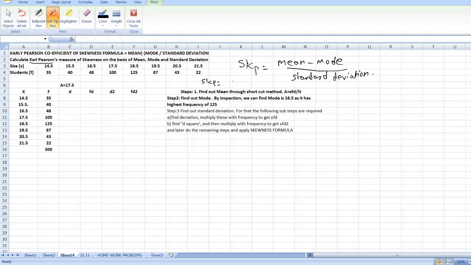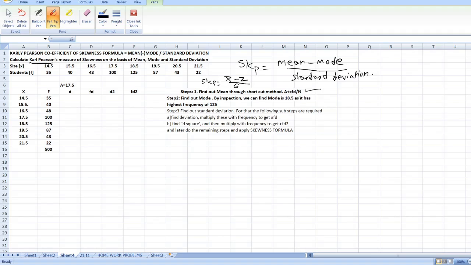Karl Pearson coefficient of skewness is equal to arithmetic mean minus mode divided by standard deviation. That is the formula. So first we have to find out mean.